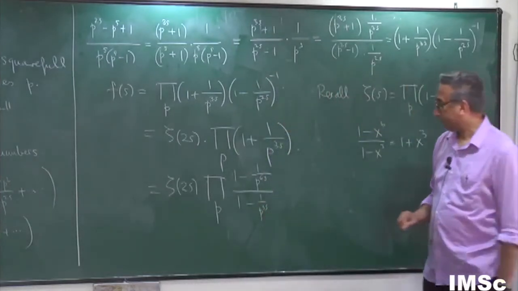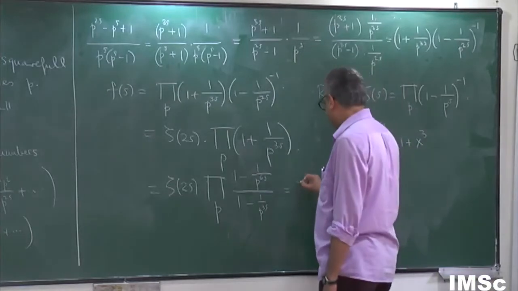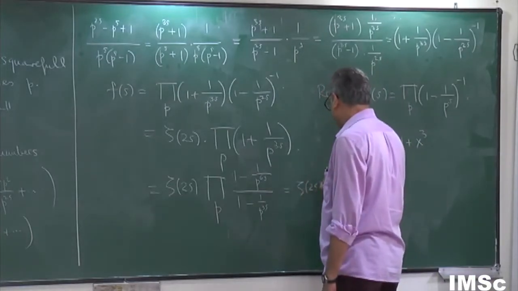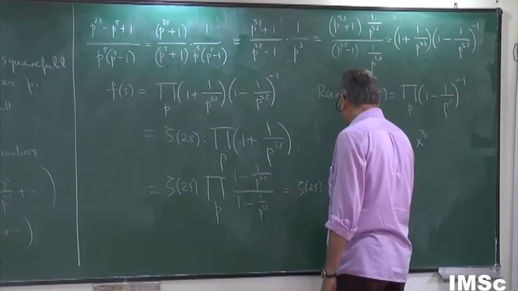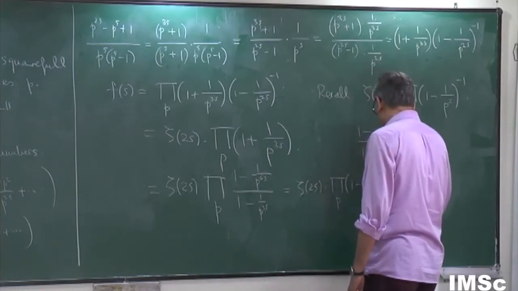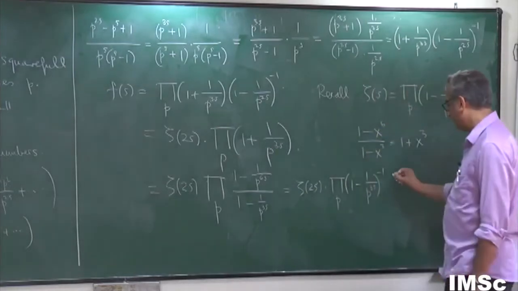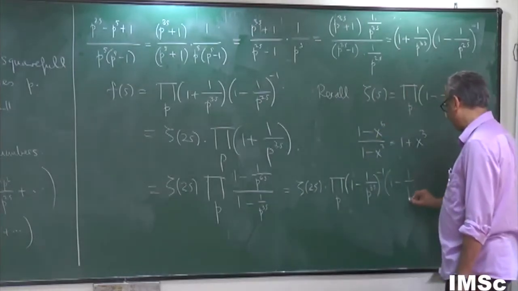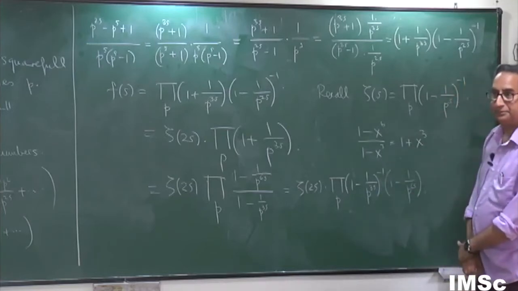Right? And now I write this as zeta 2s times the product over p of 1 minus 1 over p to the 3s inverse times 1 minus 1 over p to the 6s without an inverse.